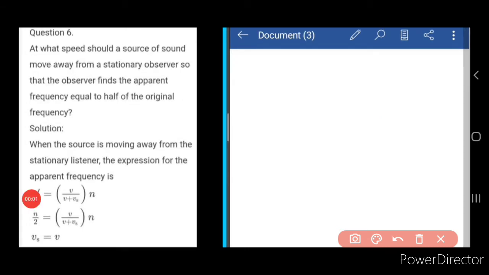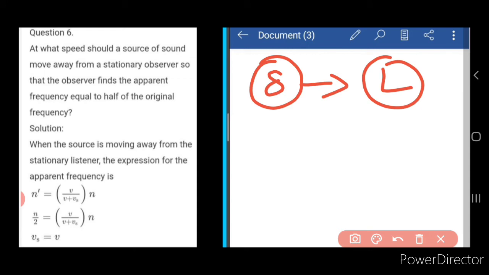Now let's move to the sixth question. At what speed should a source of sound move away from a stationary observer so that the observer finds the apparent frequency equal to half of the original frequency? Now what is given here? The source is moving relative to the stationary observer.